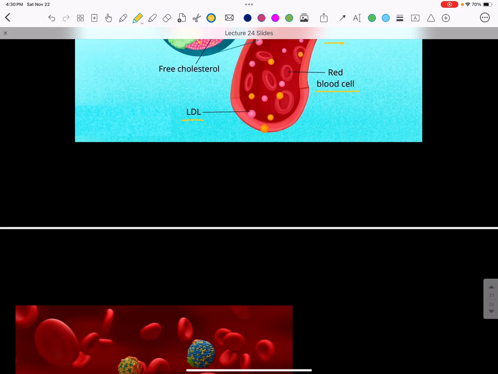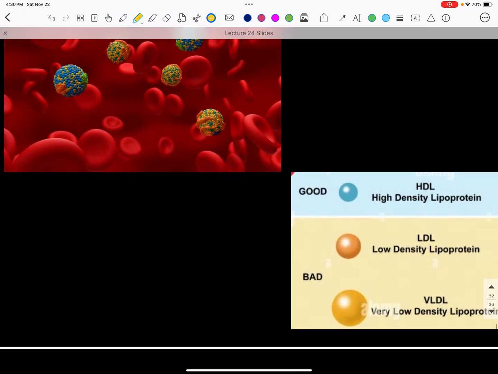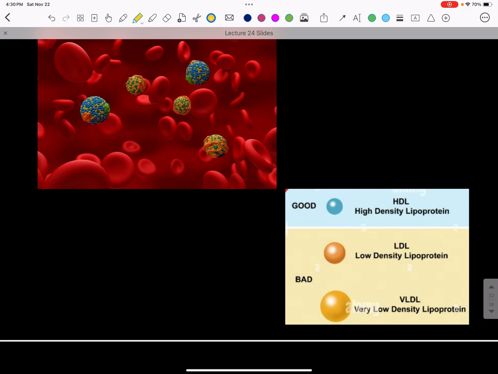In terms of clinical relevance, having a higher amount of high density lipoprotein is a good indicator, because that means we don't have too many degradation products. If we have a higher amount of low density lipoprotein or very low density lipoprotein, that means many of these byproducts are floating around, or there is a high amount of triglycerides or cholesterol in the blood, which leads to the formation of atherosclerosis.